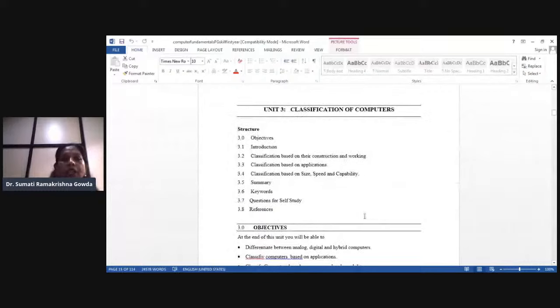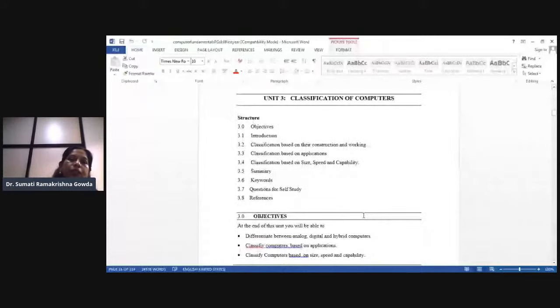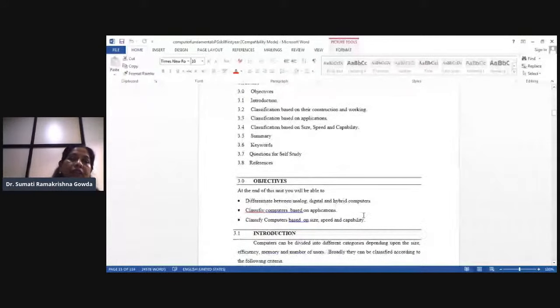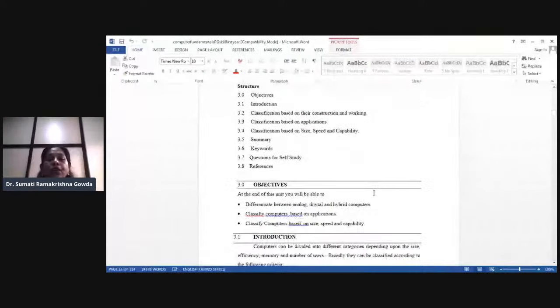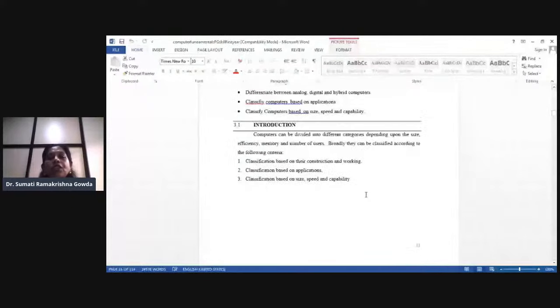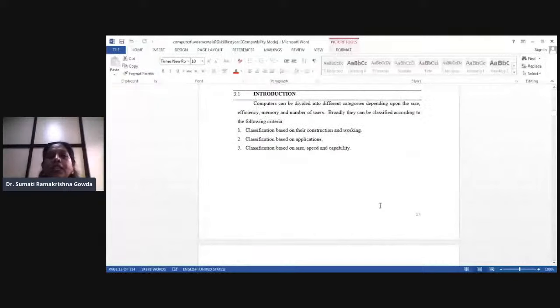So now next is classification of computers. See, this classification of computers is based on their construction and working, based on applications, based on size, speed, and capability. Computers can be divided into different categories depending on the size, efficiency, memory, and number of users.